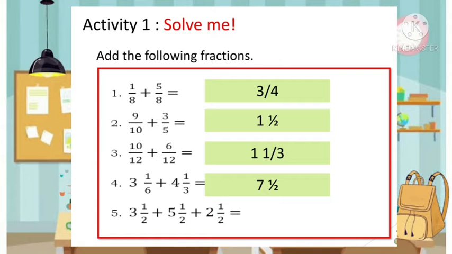Correct. It is 7 1/2. For number 5, 3 1/2 plus 5 1/2 plus 2 1/2. What is your answer? Yes, correct. It is 11 1/2. Very good, kids.